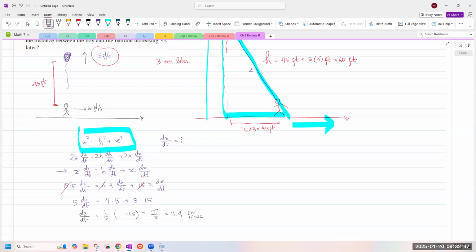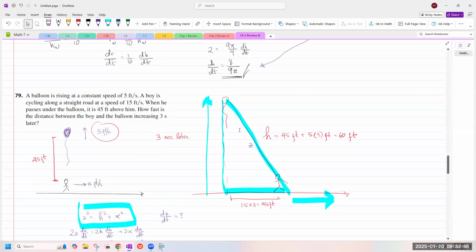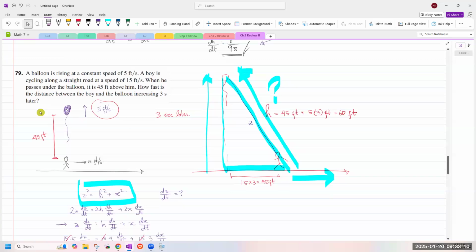So this will be 20. That's 65 plus 5? 65 divided by 5. That's 13. So that's 13. Yeah, good thing I checked and looked at that question again. For that reason, the length of the distance will also increase, right? That's the one in question, how fast it is increasing. Now that's for number 79.